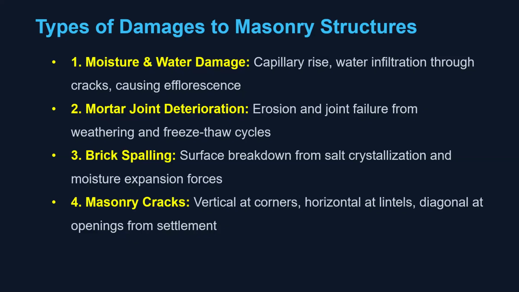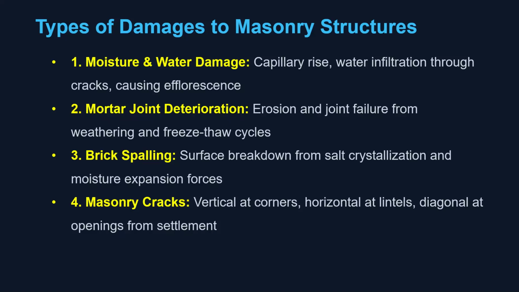Then masonry cracks. In fact, we can notice various types of cracks in our existing infrastructure. In my previous video, I already explained what the various types of cracks are, and what technologies are available to address those cracks.